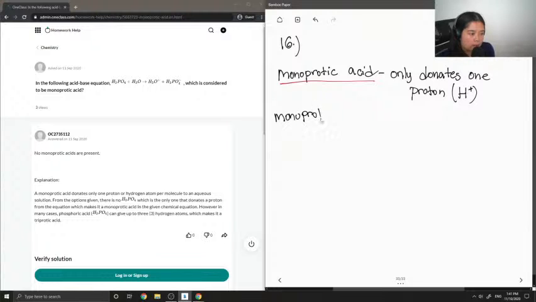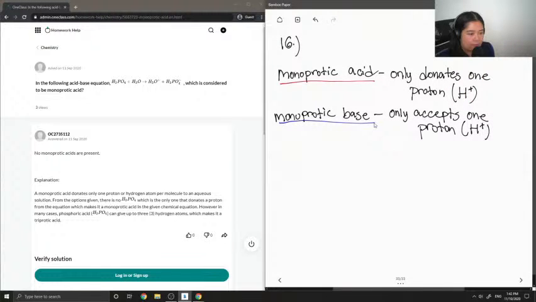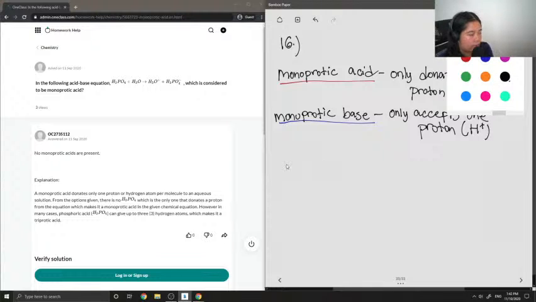So similarly, if you had a monoprotic base, this only accepts one proton. So let's see the reaction equation they gave us.